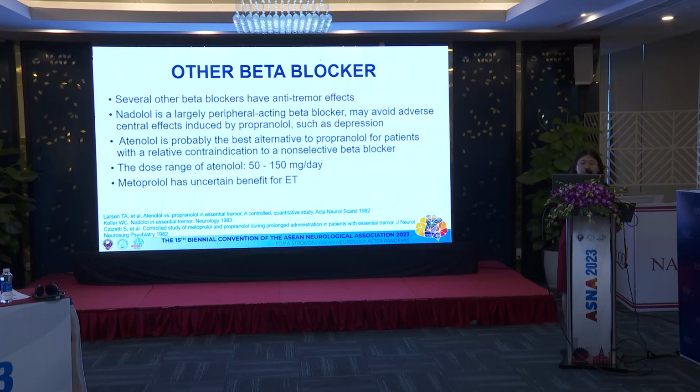Several other beta blockers also have anti-tremor effects. Nadolol is a peripherally acting beta blocker and may avoid adverse central effects induced by propranolol, such as depression. Atenolol is probably the best alternative to propranolol for patients with a relative contraindication to a non-selective beta blocker, and metoprolol had uncertain benefits for essential tremor.